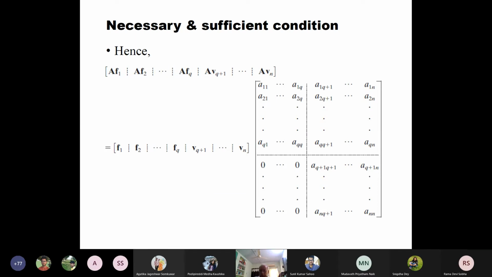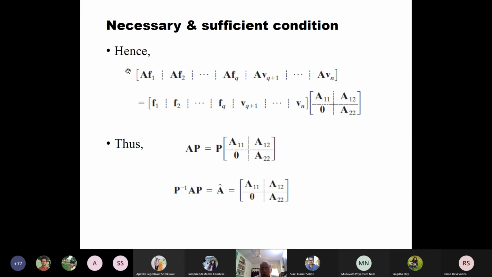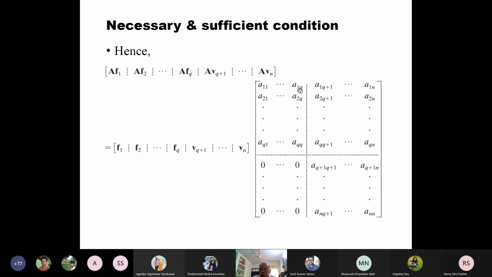Then I can say this is F1, F2, Fq, Vq plus 1, Vn into A11, A12, 0, A22, where A11, A12 are basically this term, A1Q is this term, then A1Q plus 1 to AQN.